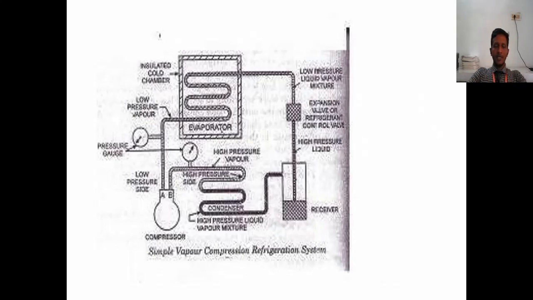The refrigerant enters the compressor, where the compression process is done. Compression is nothing but increasing the pressure of the refrigerant, and the temperature also increases during compression. After compression, high temperature and high pressure refrigerant comes out from the compressor and passes to the condenser.